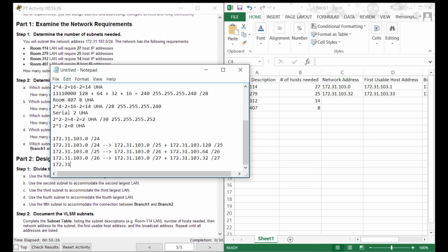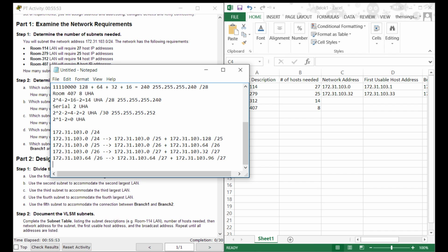So 172.31.103.64/26 will become 172.31.103.64/27 plus, not arrow, 172.31.103.96/27. Continue on with this network.